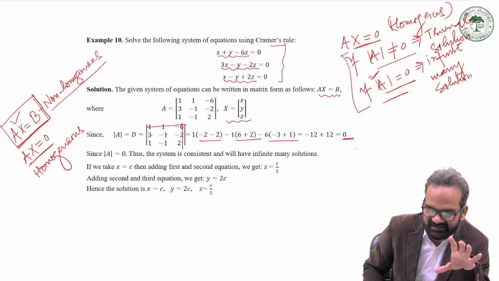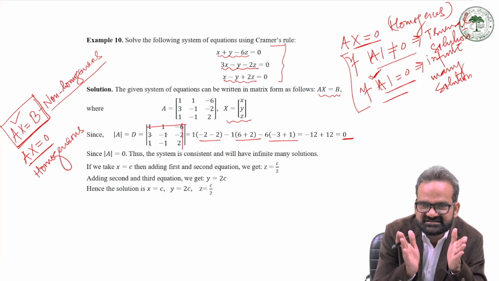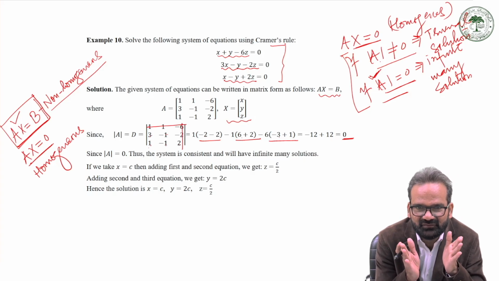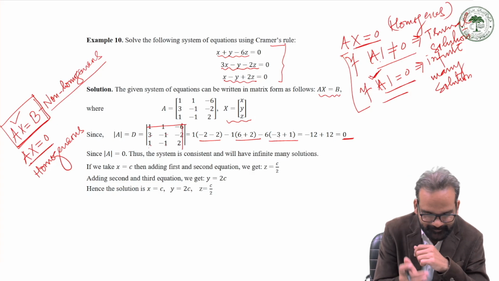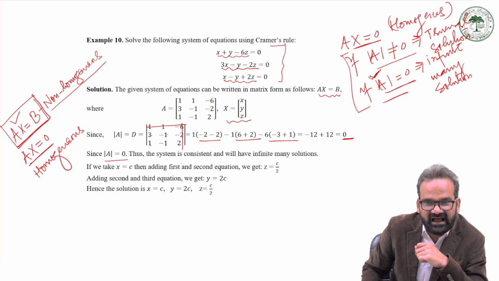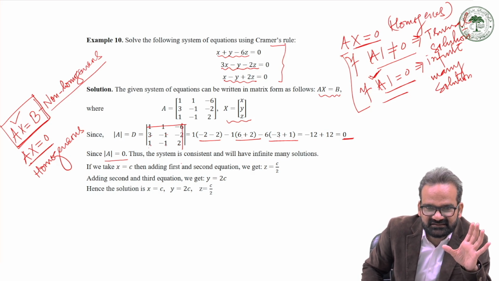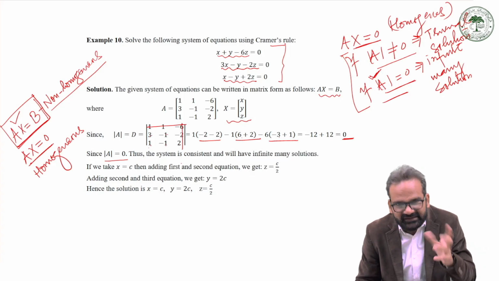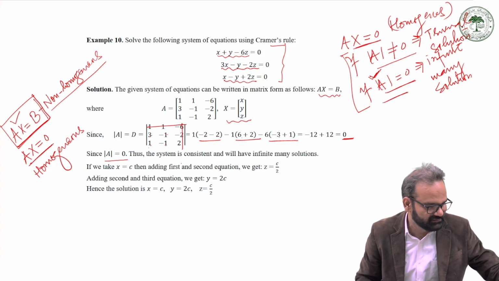So by condition 2, that is this one, the system of equations will have infinitely many solutions, right? Since the determinant of A is equal to 0, the system is consistent and it will have infinitely many solutions. Clear? And we have solved many questions based on infinitely many solutions.